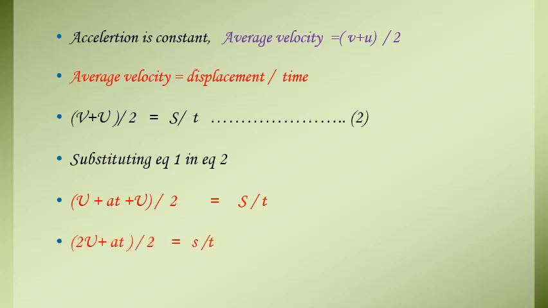Now u + u is 2u, so (2u + at)/2 = s/t. When you multiply t with the numerator on the LHS, you get s = ut + (1/2)at². That is another equation: displacement is equal to ut + (1/2)at². So this is the second equation of motion.